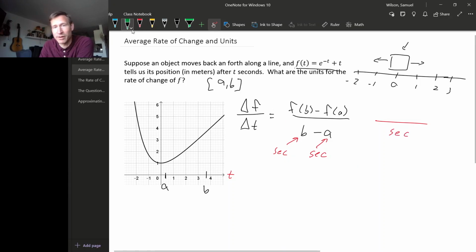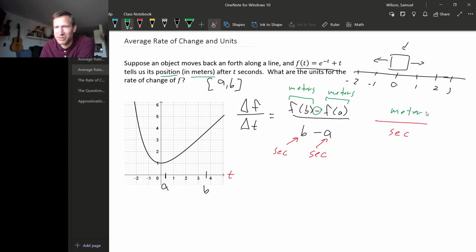What about the numerator? Well, remember this function, it's giving us a position in meters. So this quantity here, f of b, this is in meters. And same thing for f of a, that's also in meters. And when you subtract two quantities that are in meters, you get another quantity that's in meters.